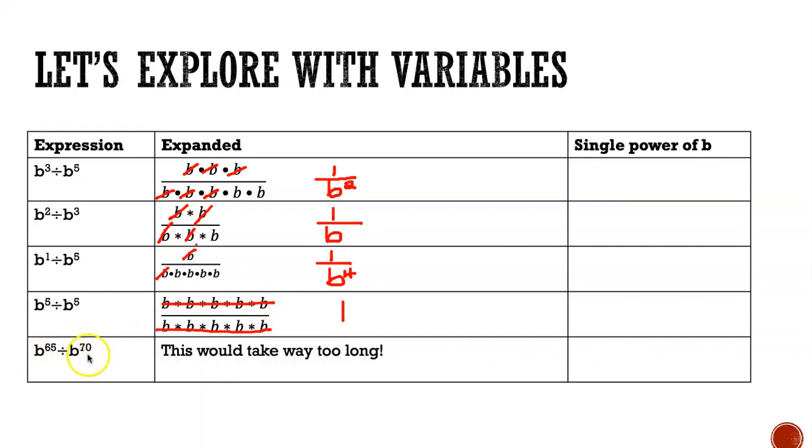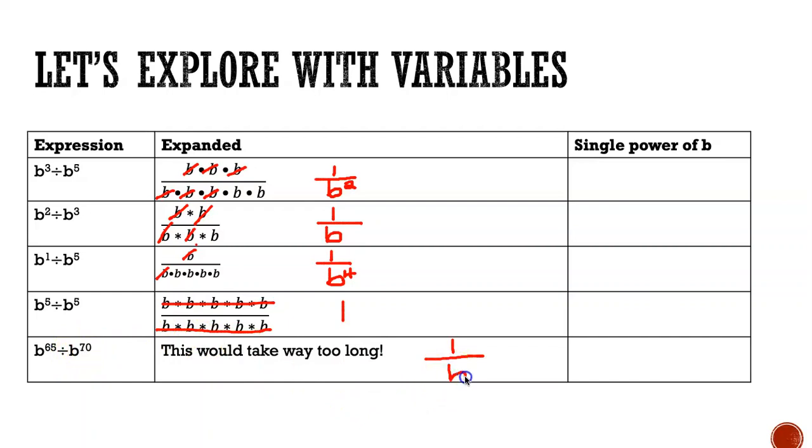And again, in this case, it would take way too long to write that out, but these 65 B's will divide by 65 of these.